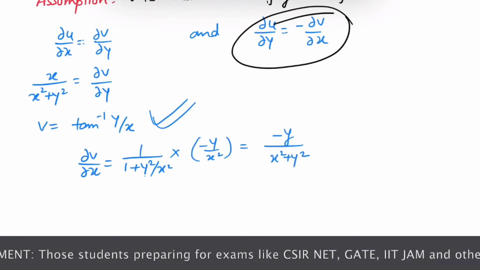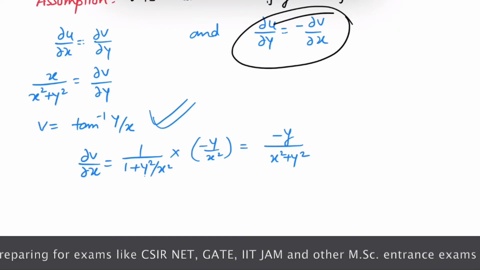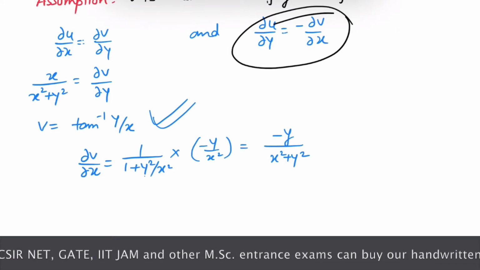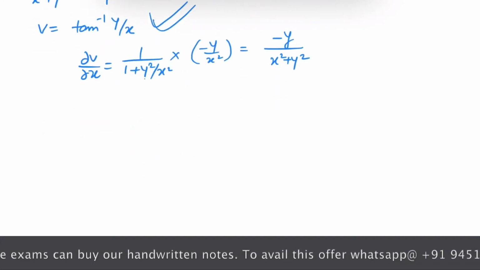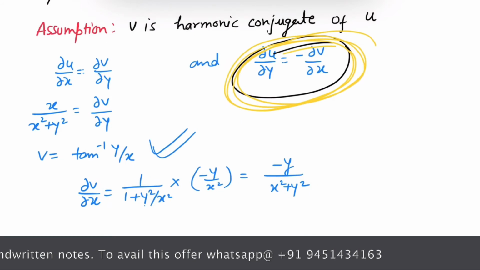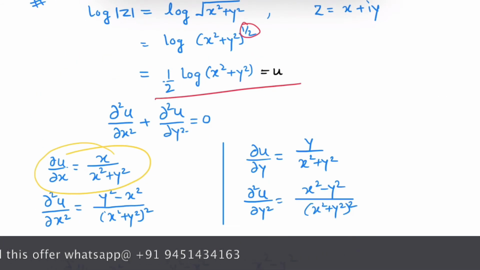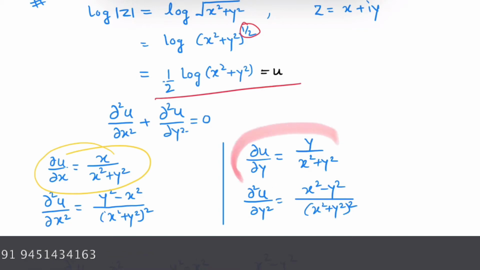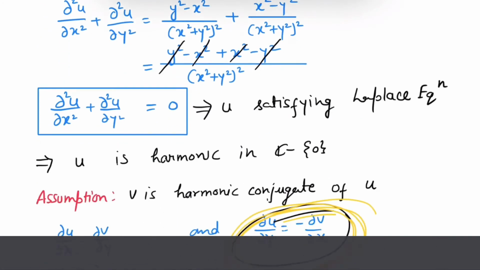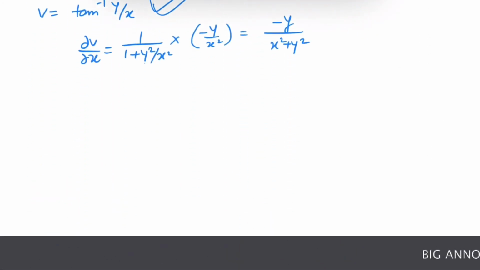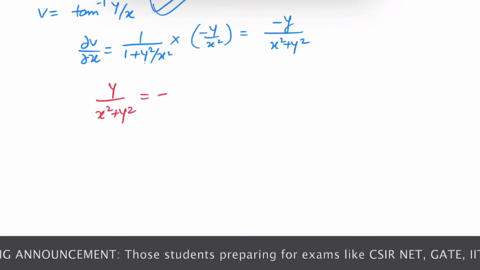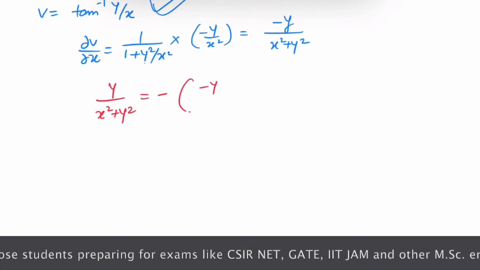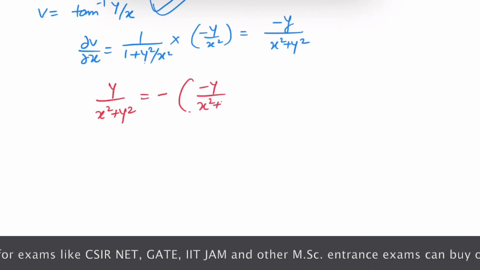Now let's see whether this del v over del x satisfies the equation or not. We have del u over del y is y over x square plus y square, and this should equal minus del v over del x, which is minus of minus y over x square plus y square.